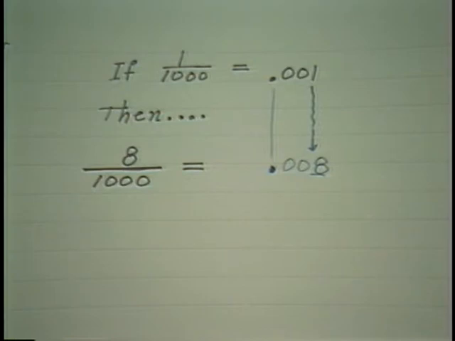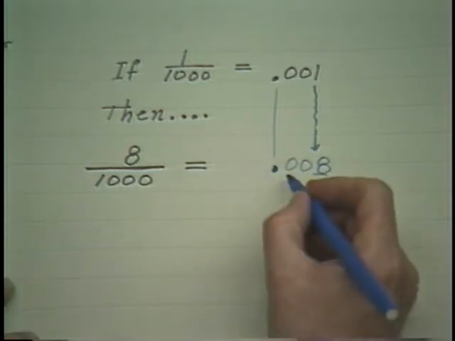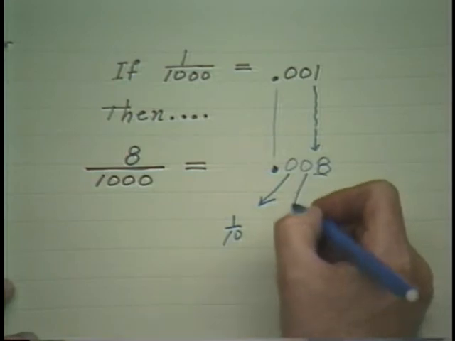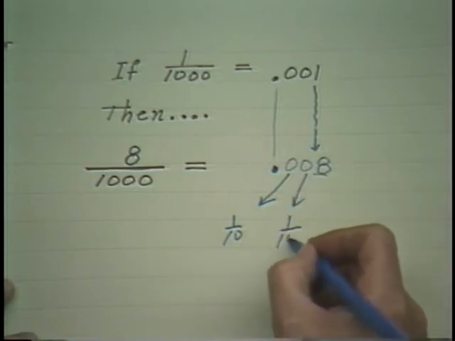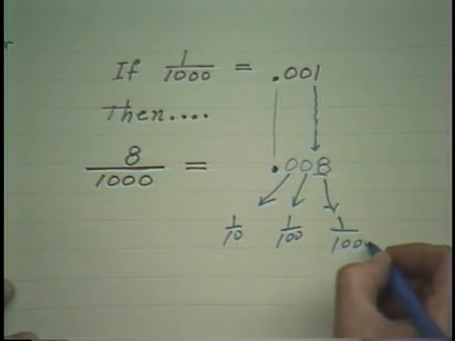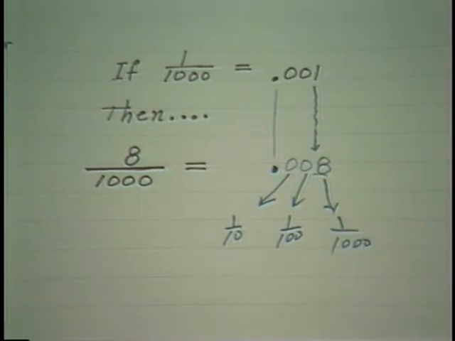Are you beginning to see the idea? Each of these places names a fractional denominator. The first place is the 10th place. Second place is the 100th place. Third place is the thousandth place, and so on.